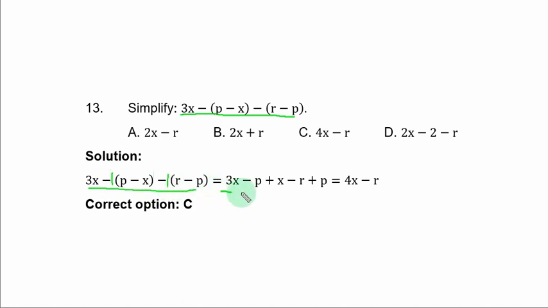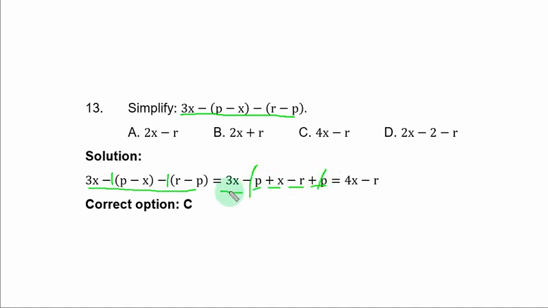So you have 3s, minus 1 times p is minus p, minus 1 times minus s you have plus s, minus 1 times r is minus r, minus 1 times minus p you have plus p.